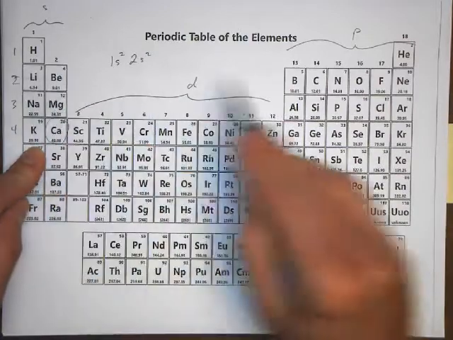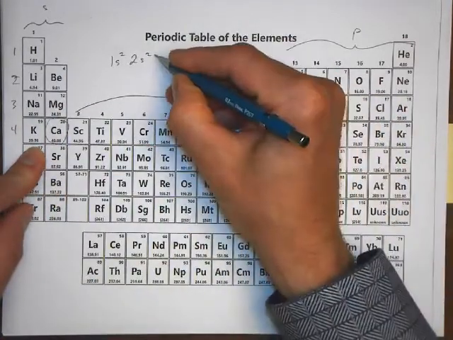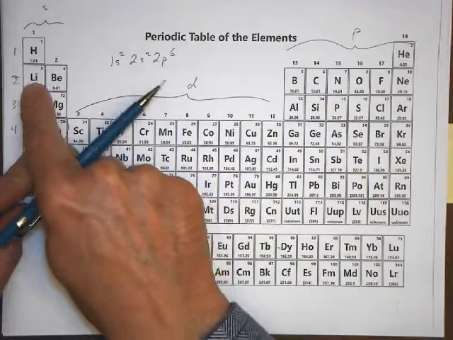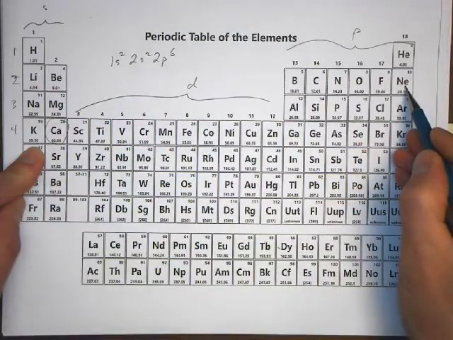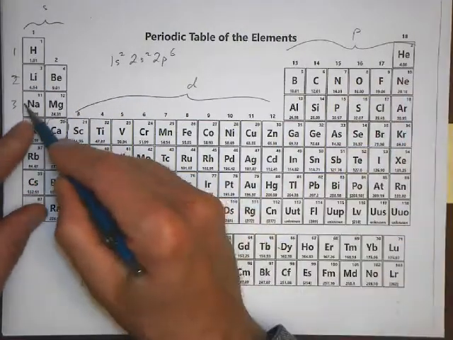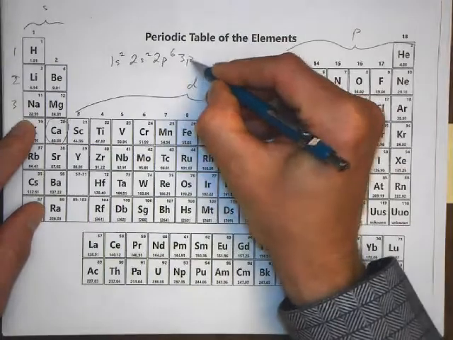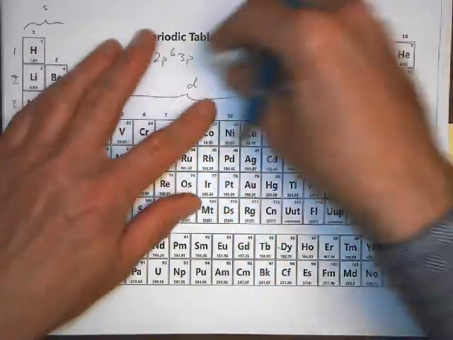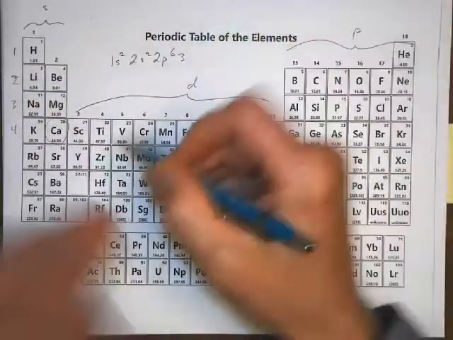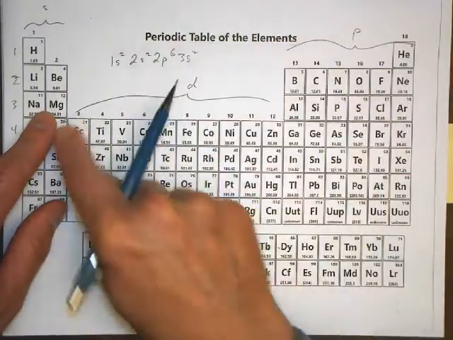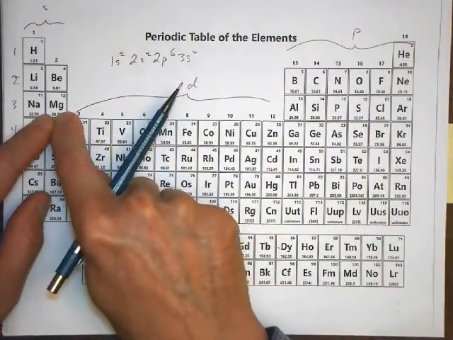This is 1, 2, 3, 4, and so on. So 2p6 will bring us to neon. 3s2 will bring us to the electron configuration of magnesium.